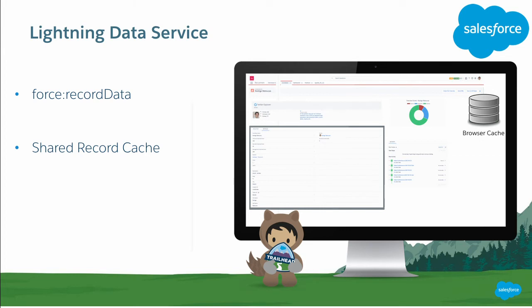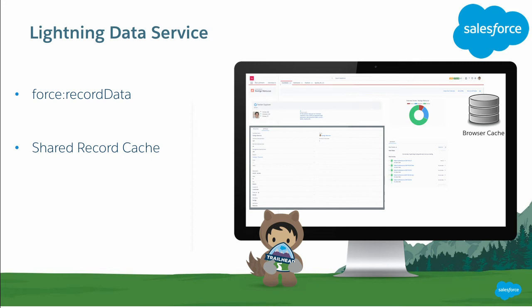Shared record cache. Behind the scenes, you've noticed that Lightning has become really fast over the past two releases, and the shared record cache is one of the main reasons. We implemented a very smart cache system in Lightning Experience and Salesforce Mobile. By using Lightning Data Service, you're able to put your custom components on this shared record cache as well.